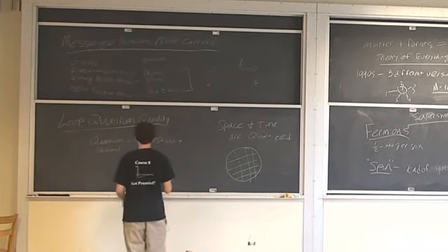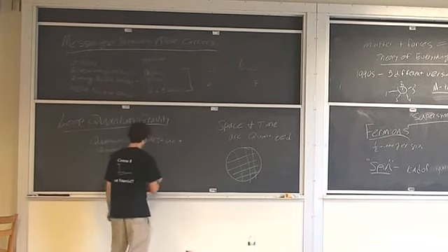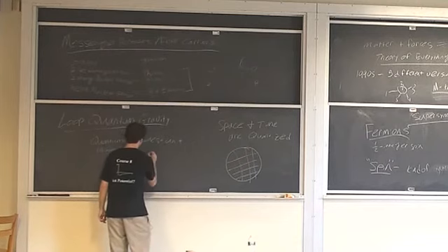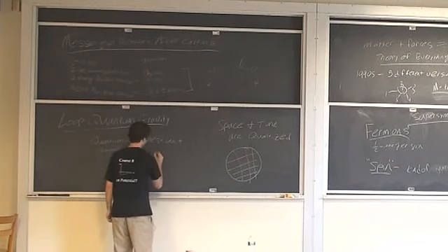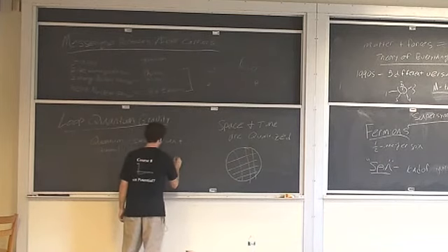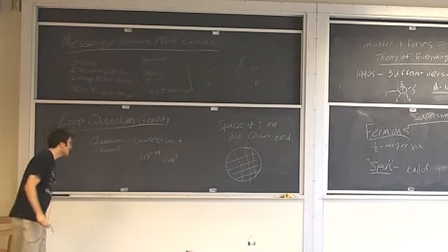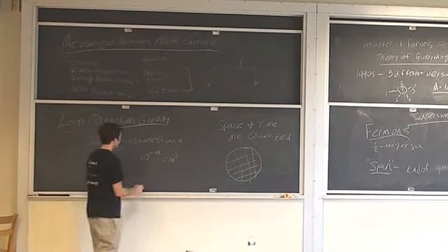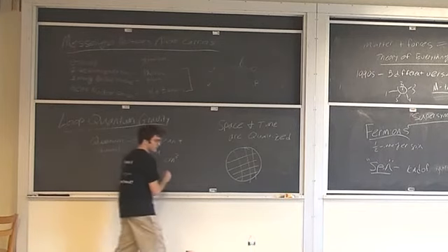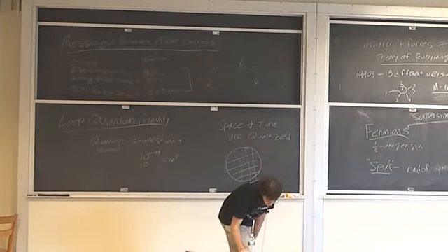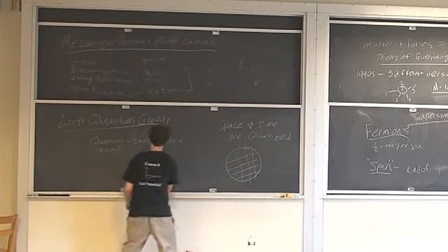So the quantum of space turns out to be something around 10 to the minus 99 cubic centimeters. That's how small the quantum of space is in loop quantum gravity. The quantum of time is about 10 to the minus 43 seconds.